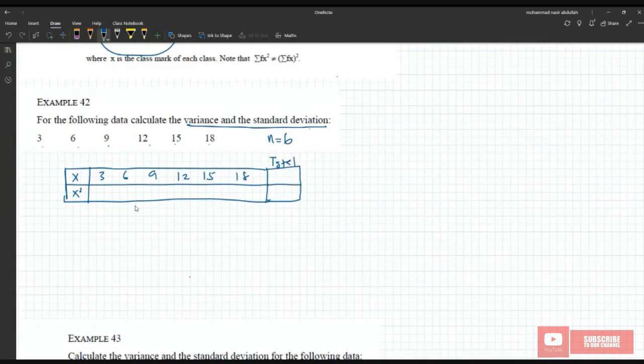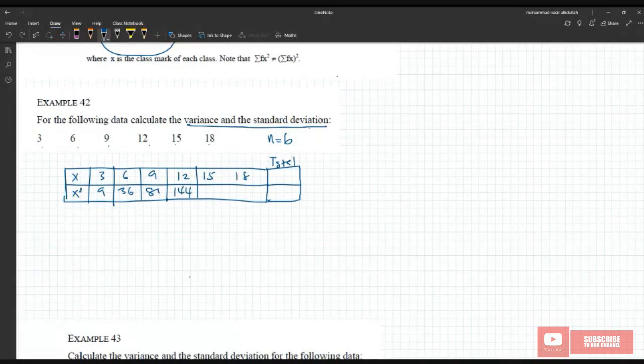The x squared values should be 9, 36, 81, and so on. Where is my calculator? 12 multiplied by 12 is equal to 144.